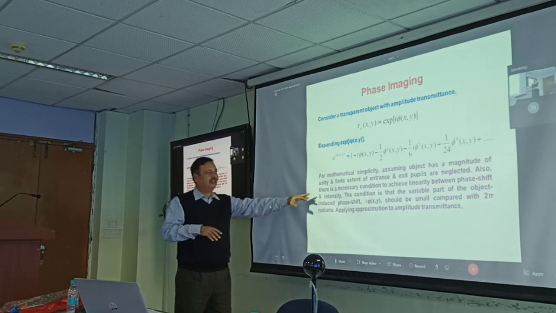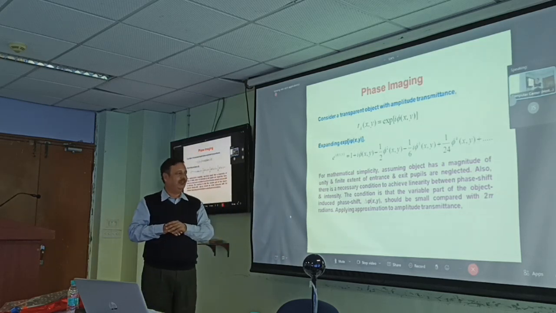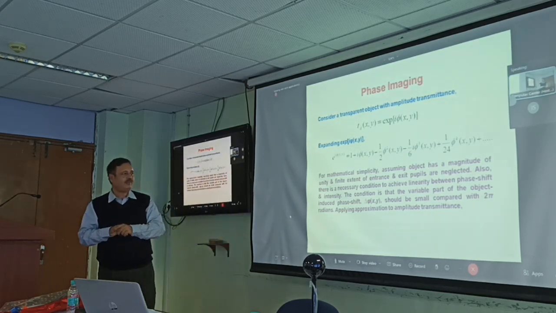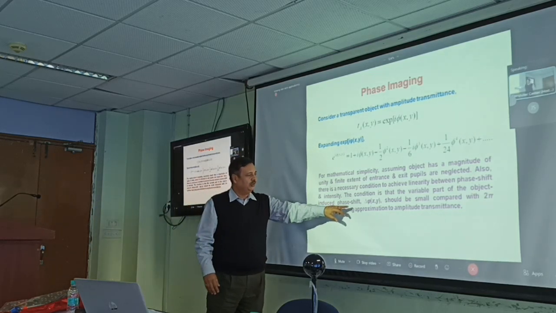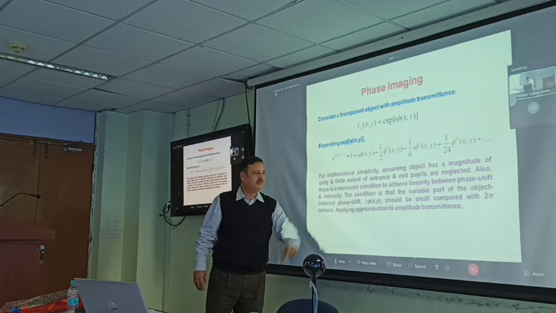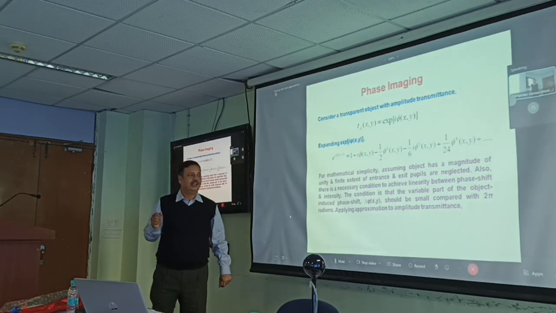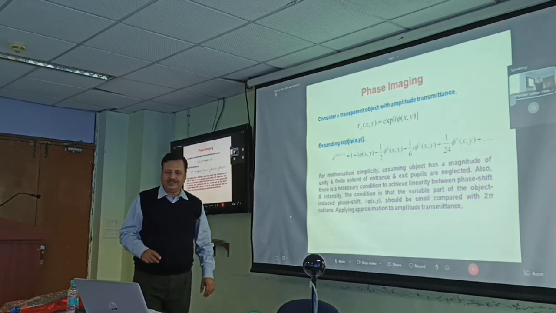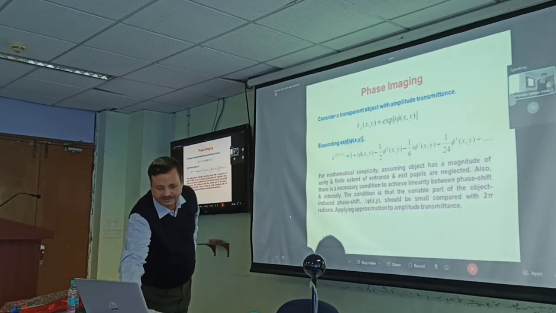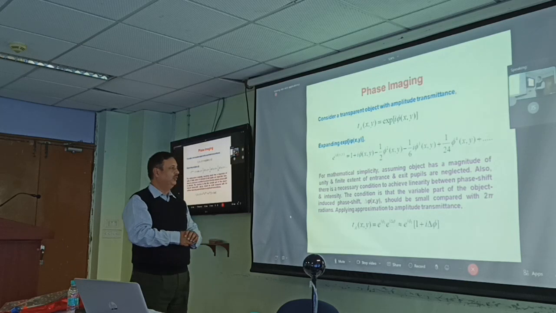There is also a necessary condition to achieve linearity between phase shift and intensity. The condition is that the variable part of the introduced phase shift, which is delta phi(x,y), should be small compared with 2 pi radians. Once you apply that, this is what you are going to get.